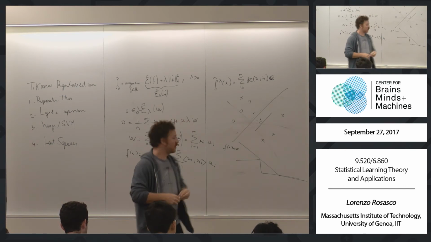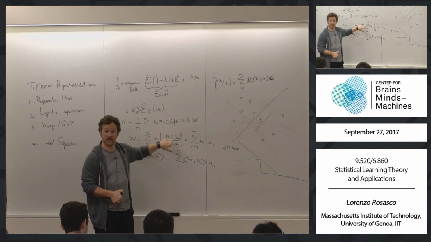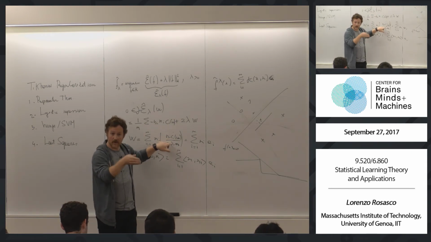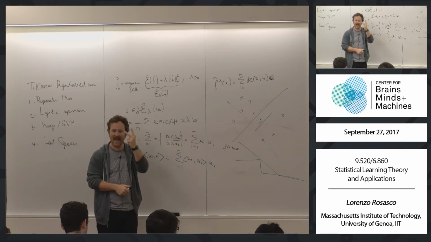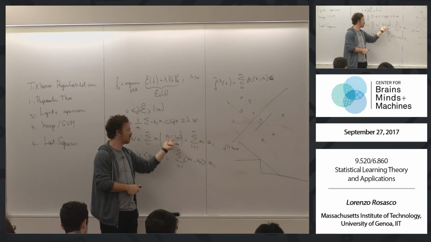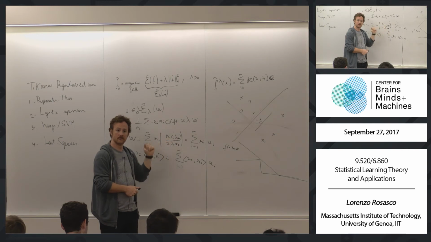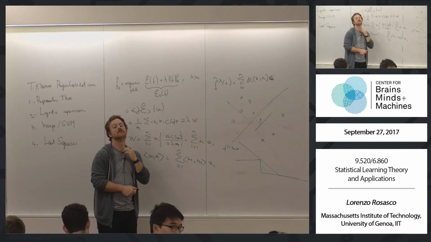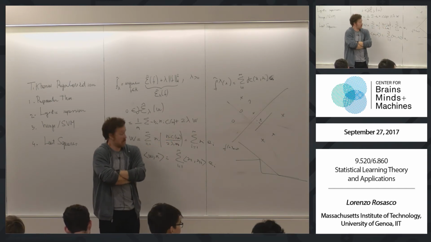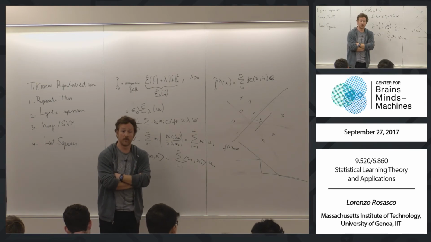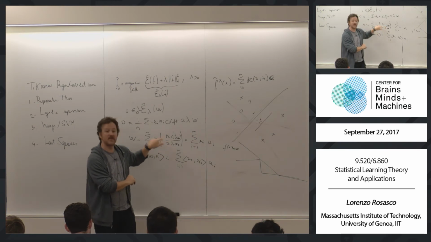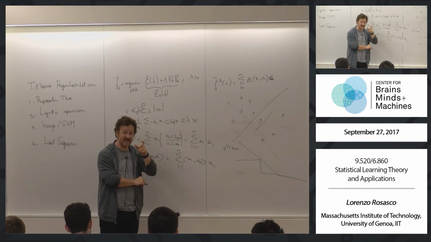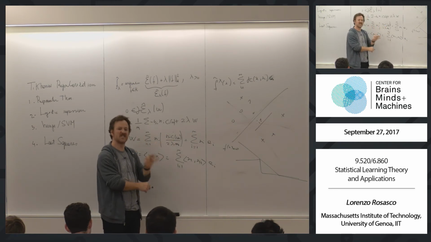So c_i stays in an interval. Whenever you pick a w and a point, the rule is whenever I give you y, x_i, and w, you can tell me how much this is. But then it's a number that I don't know, and I will have to compute it. What I told you, though, is that if the point is correctly classified by a margin, by 1, then I can tell you that this is exactly 0.